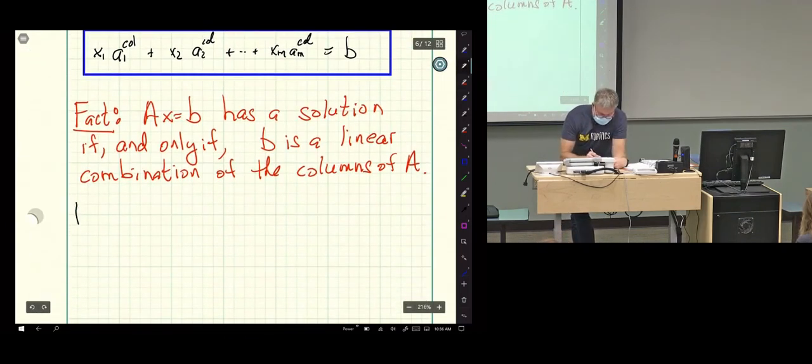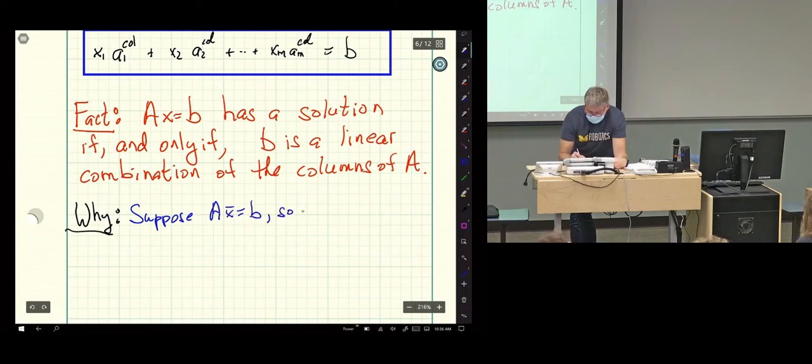Okay, so why does that hold once again? Why? Suppose that A times x bar equals B. So x bar is a solution.